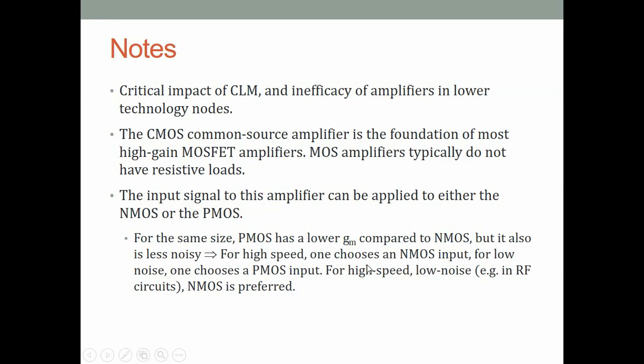But if one wants low noise, then one chooses a PMOS input. Alright. For high speed, NMOS is generally preferred, even though PMOS has lower noise, but that is again an RF issue that maybe you will study next semester.